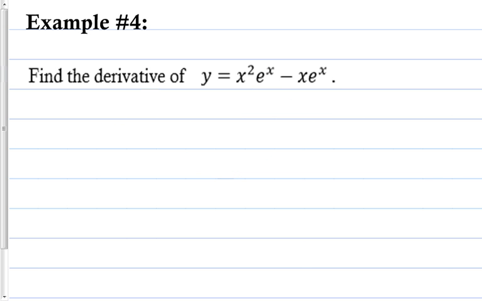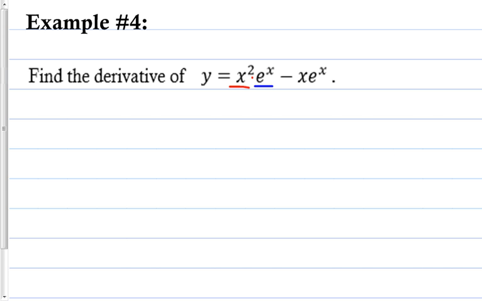Example 4. Find the derivative of y equals x squared times e to the x minus x times e to the x. Okay, so a little longer, but the purpose of this example is the fact that it has a product rule. Because I have x squared times e to the x, right? So there's my two functions.